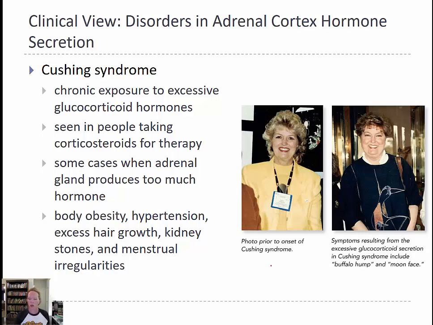And also something called moon face. You can see how the shape of her face changed a little bit as well. It can cause extra hair growth to occur if it is a female, problems with menstrual cycles, and kidney stones.